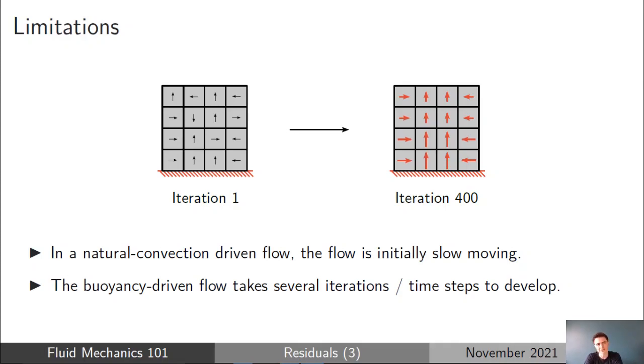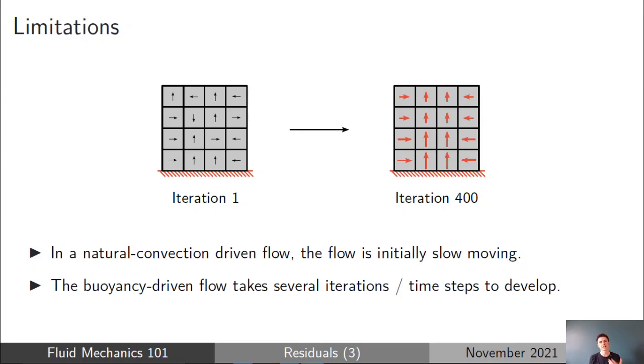To understand some of the limitations of this approach, it's worth going back and thinking about the natural convection driven problem again. What happens in this case in particular is that the initial solution is often very slow moving, because it takes some time for the fluid to heat up, reduce its buoyancy, and then start driving that natural convection driven flow.